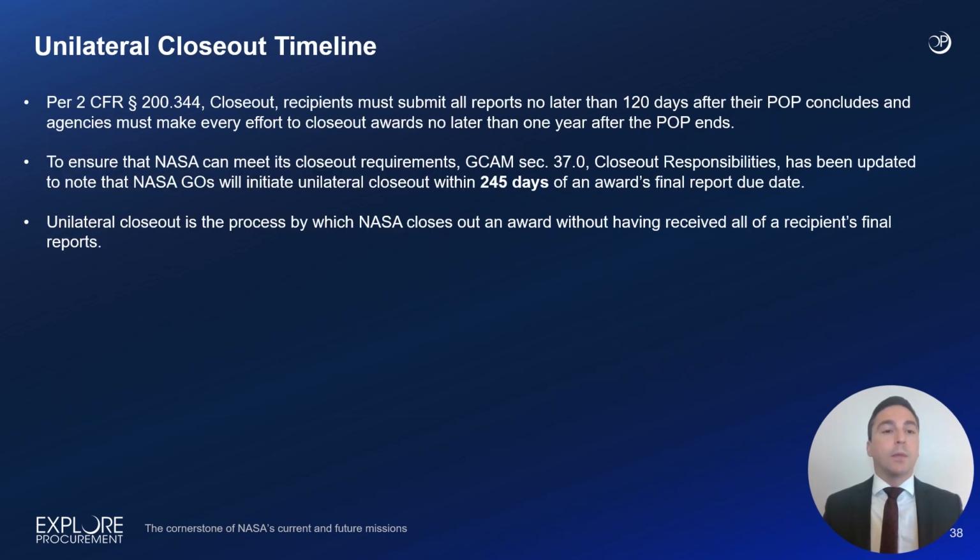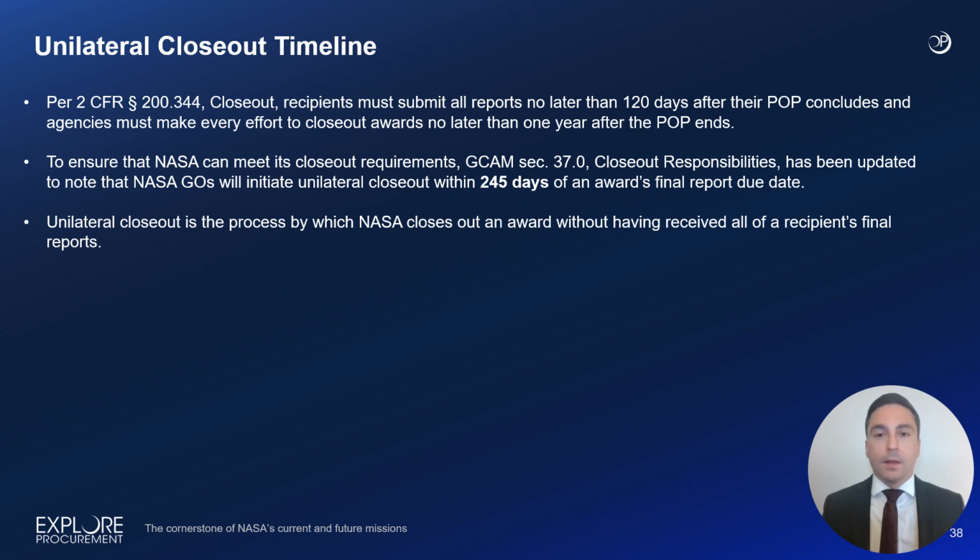To ensure timely award closeout, NASA has updated its timeframe for unilateral award closeout. Unilateral closeout occurs when a recipient fails to comply with award closeout requirements, such as submitting final reports within the 120-day closeout period, and it is a process by which NASA closes out an award without a recipient's final report.